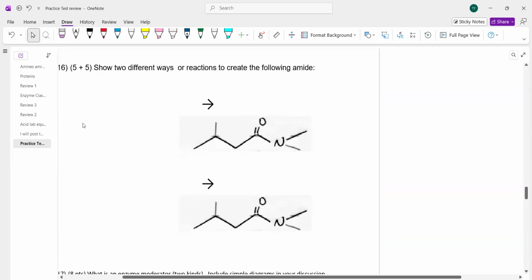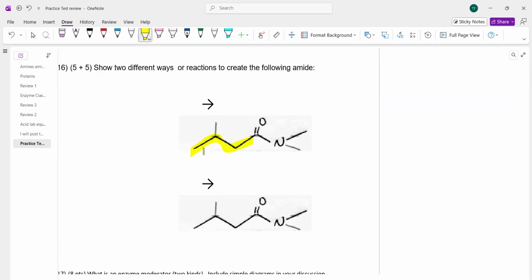Okay, remember with esters, there are three ways to create an ester. With amides, there are only two. Okay, so we're starting with, this will be the backbone of the acid part. And then we have the secondary backbone over here.